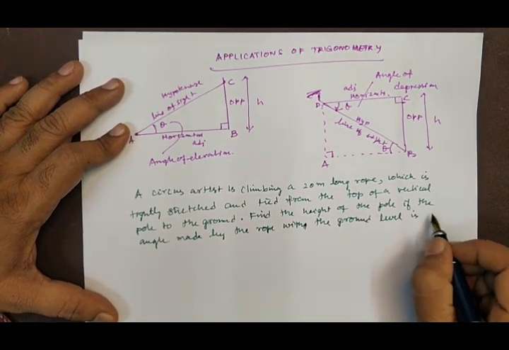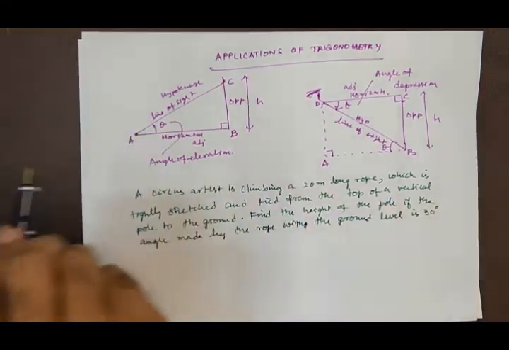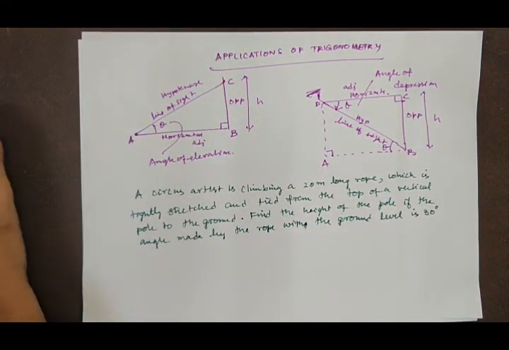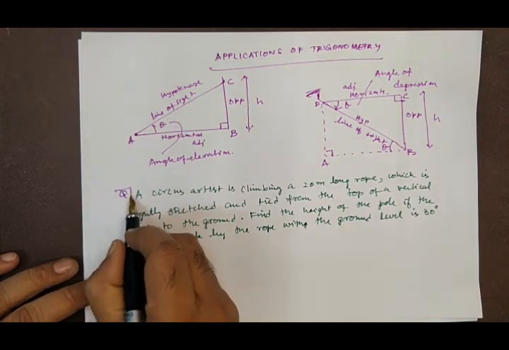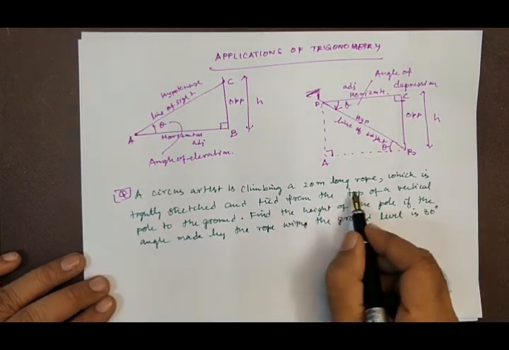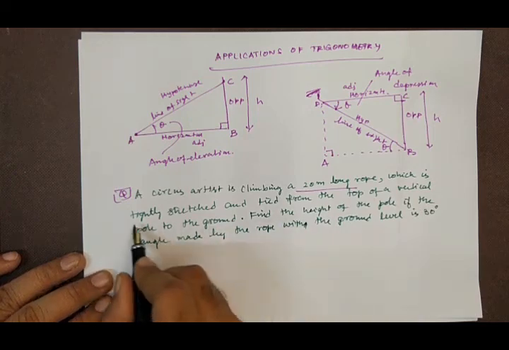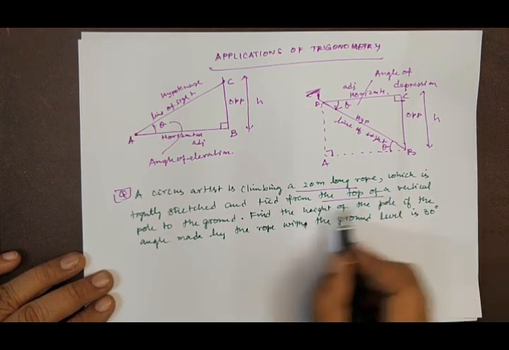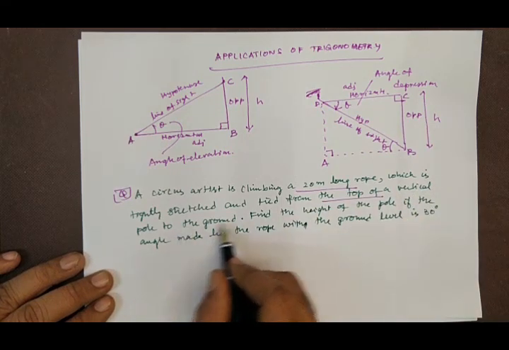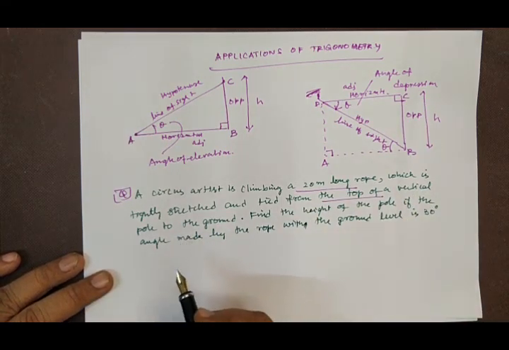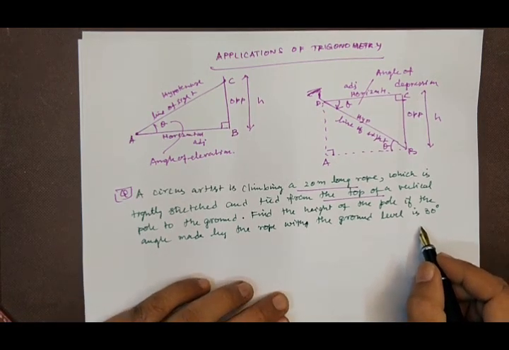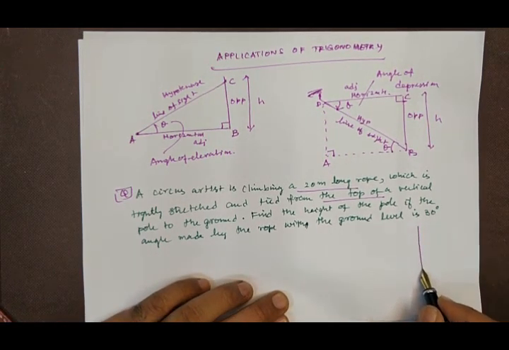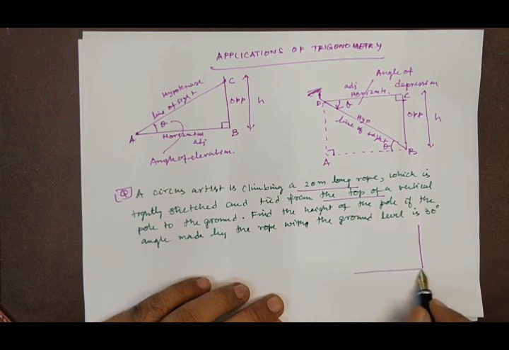Now let us analyze the situation. The circus artist is climbing, okay, so this is the question. A 20-meter long rope which is tightly stretched and tied from the top of a vertical pole to the ground. So this is the vertical pole and this is the ground.